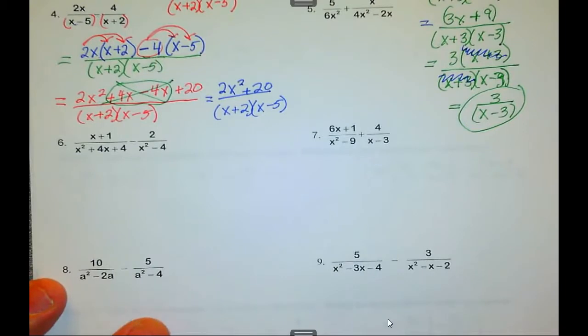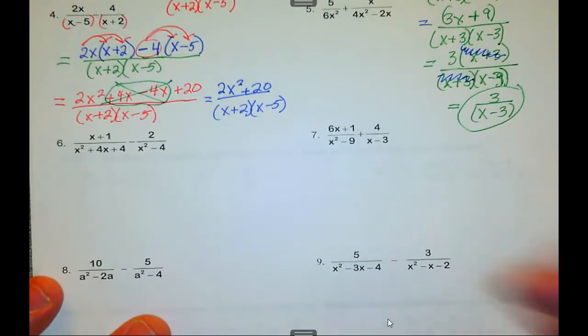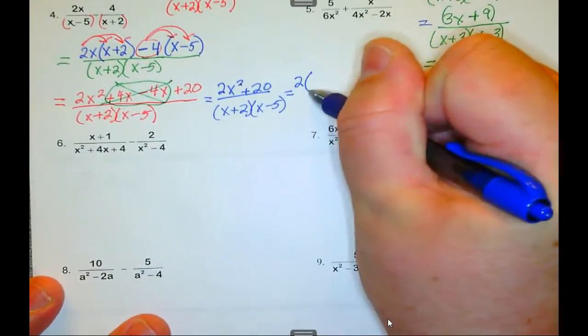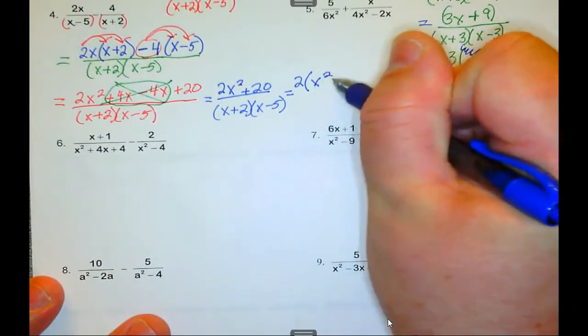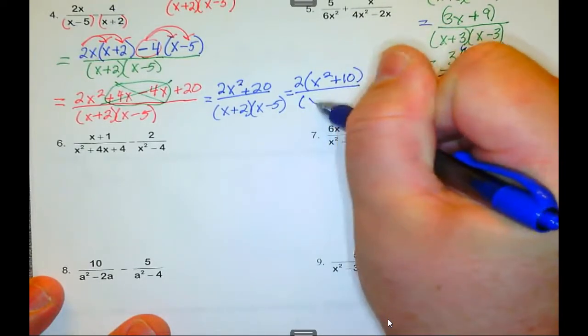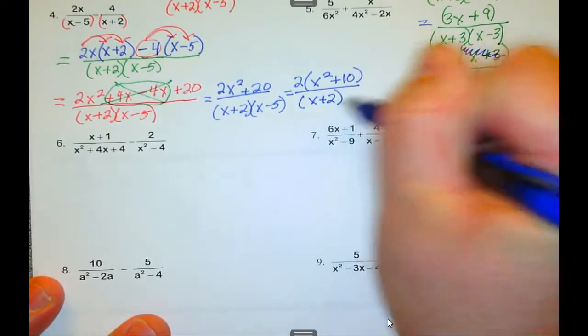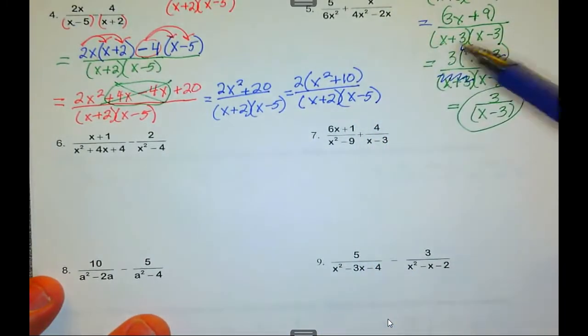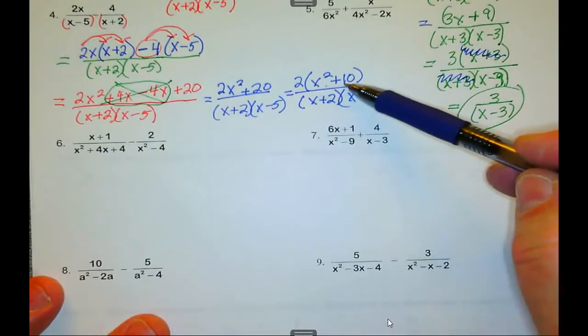I have to factor out the numerator, see if I can cancel out anything further. I can take out a 2. I get x squared plus 10 all over x plus 2, x minus 5. Does x squared plus 10 factor?